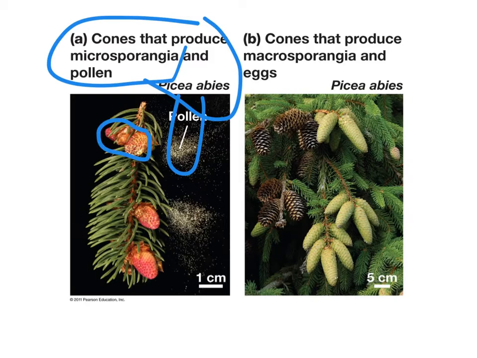That's the male part. Cones that produce, and these are the cones mainly that you're most familiar with, are macrosporangia, and they produce eggs or ovules, from which, when they're fertilized, you get the seeds.